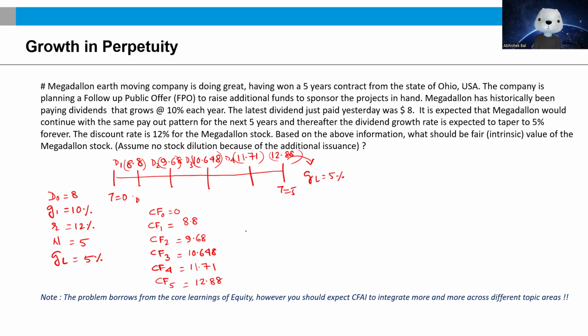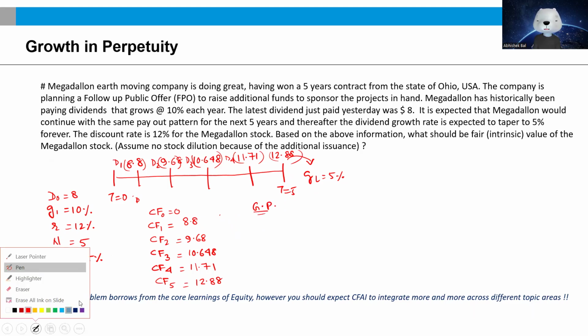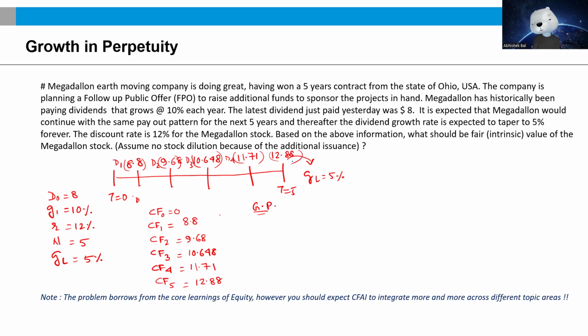All right. So now I'm going to borrow the concept of geometric progression out here. After the year 5, it has been mentioned, the dividend is going to grow in perpetuity forever, right? And that rate has been given as 5%. So that means in the 6th year, my dividend is going to be 12.88 into 1.05.